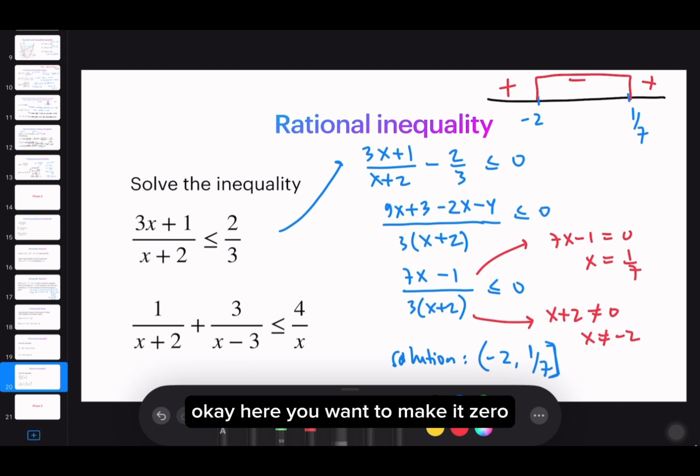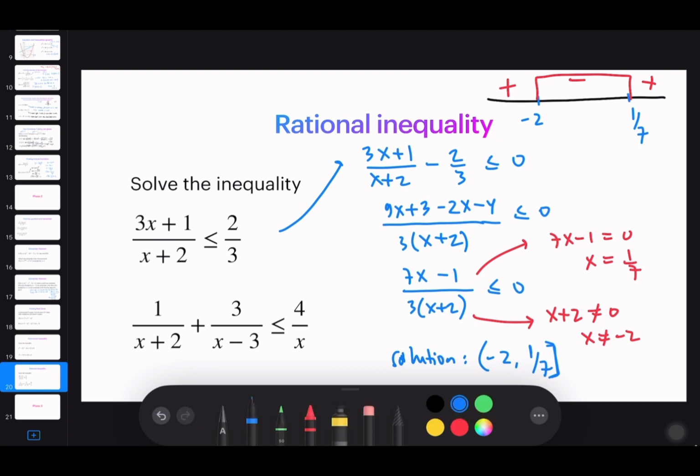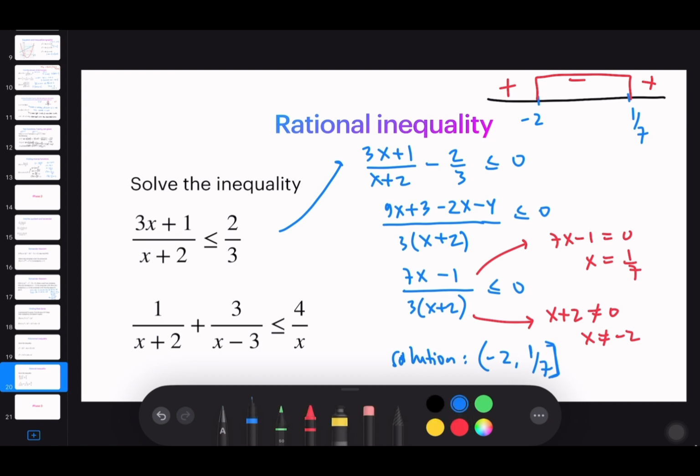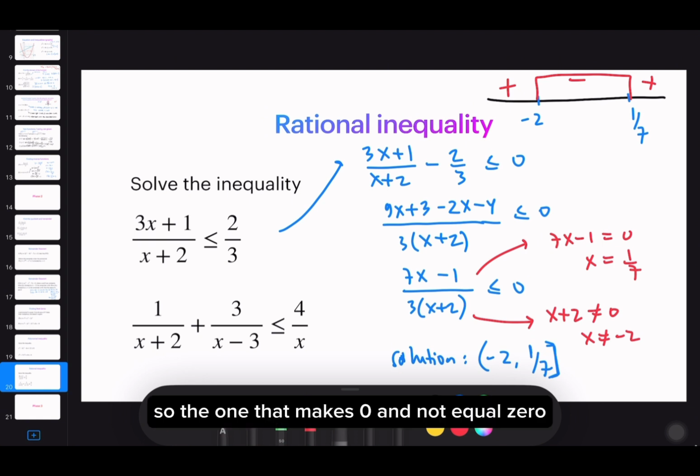Think here, you want to make the top 0, but the bottom equation is supposed to be not 0. So there are two things: the one that makes it 0 and the one that must not equal 0.